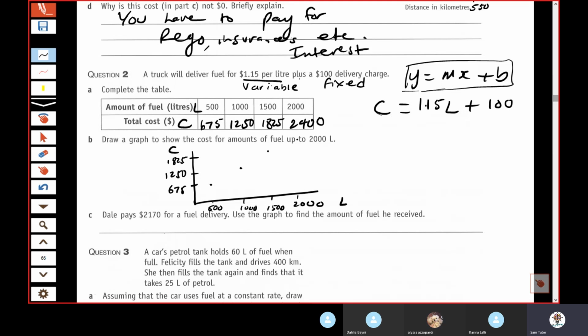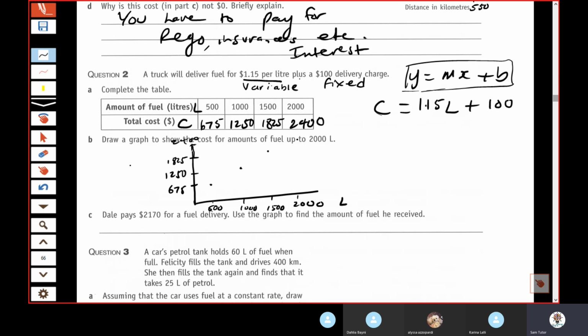That you know that at 1,500 liters, it will cost you $1,825, and at 2,000 liters, it will cost you $2,400. And you would have to write actually not just C, because you see how I didn't write any dollar signs.